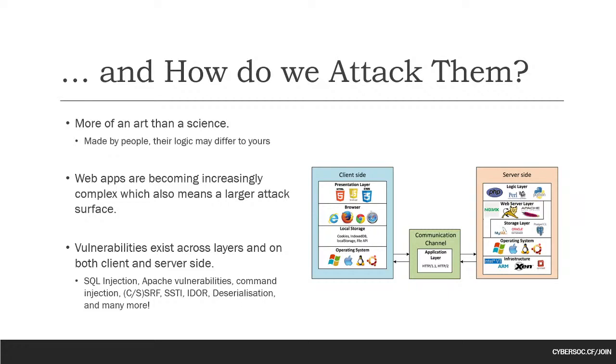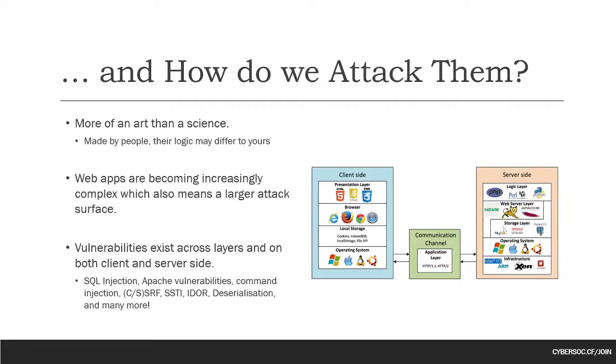But these days you have a wide variety of places to attack. Whilst this makes attacks more complex and requires a greater depth and breadth of knowledge, it also means it's easier to find different attack paths. Vulnerabilities really exist across layers and on both the client and server side. It's not limited to one single place.